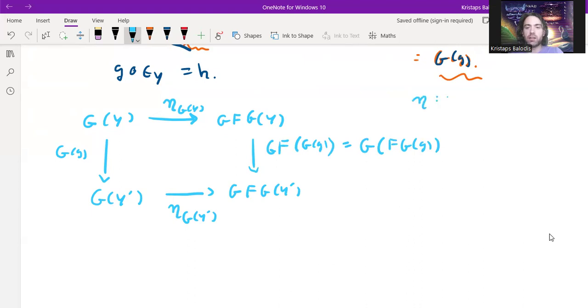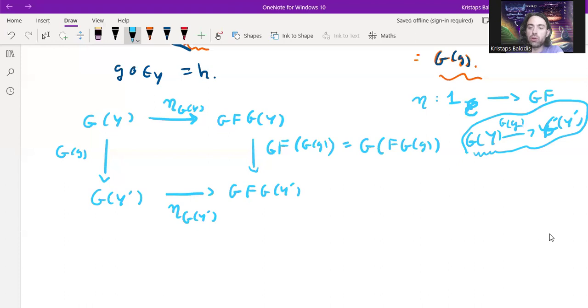Remember that eta is a functor from the identity on C, rather, to G, F. So F first and then G. So this is just unpacking what it means to be a natural transformation in the context of this map G. Really what I'm doing is I'm taking my map G, I'm applying the functor big G to get this map, and then I'm plugging this thing into the defining feature of this natural transformation.